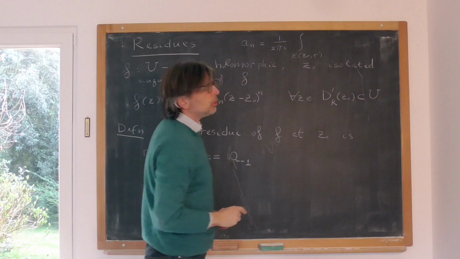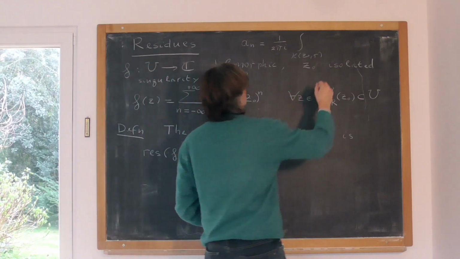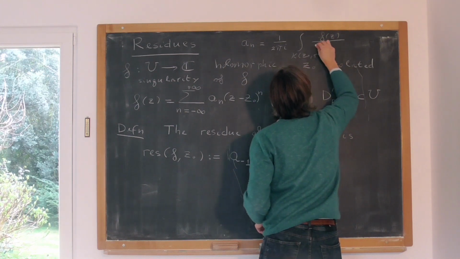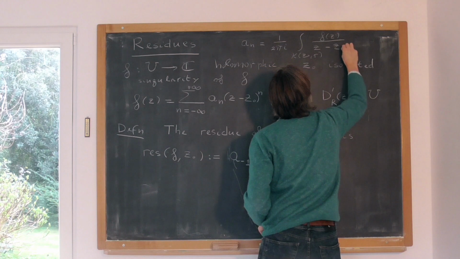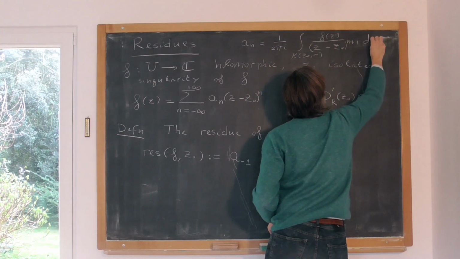Here the radius small r is smaller than big R, and here I should write f of z divided by (z minus z0) to the power n plus 1, dz.